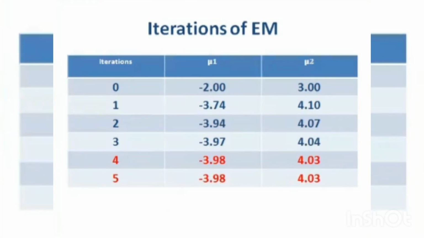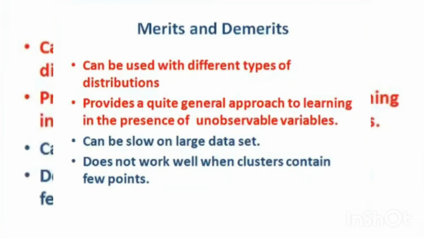Okay. So what about the merits and demerits? The EM algorithm can be used with different types of distributions. While I explained, I talked about normal distribution. For this problem, we have taken Gaussian distribution. Likewise, for any type of distribution, the EM algorithm can be used. That is one plus point.